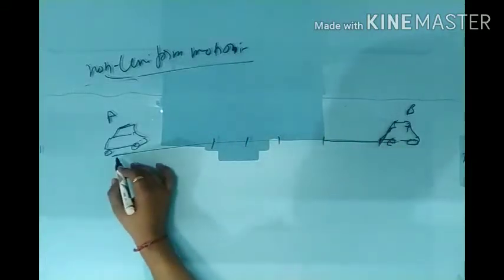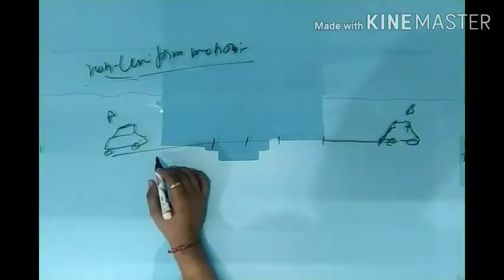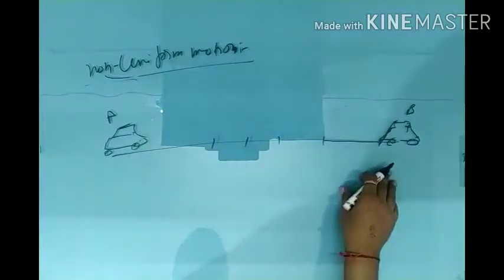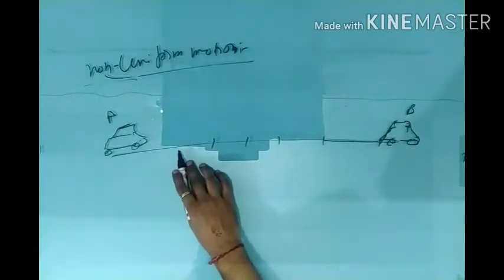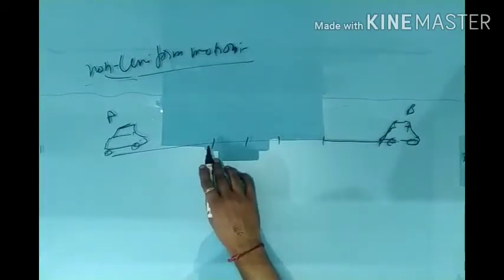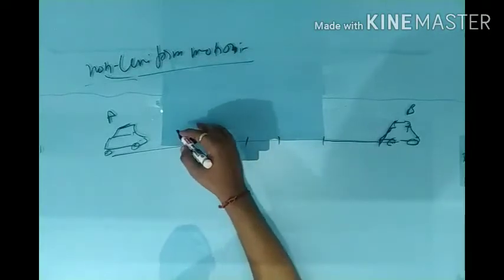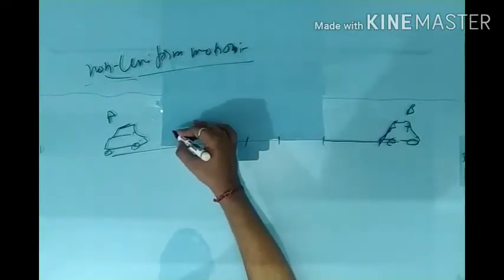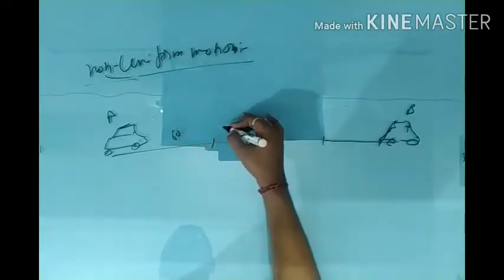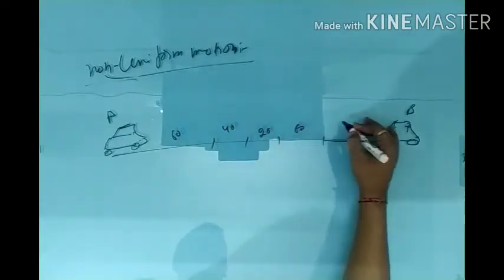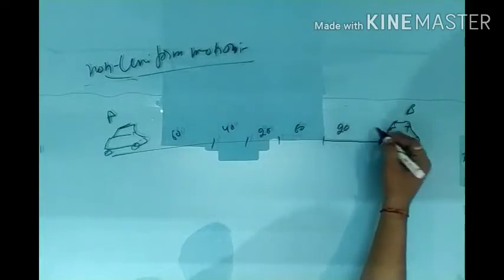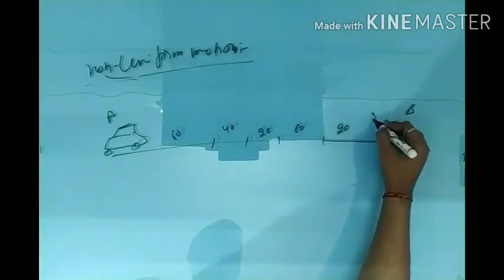Now this driver has to travel from point A to B. He is changing his speed. Sometimes he is applying acceleration, sometimes he is applying the brake. Then the number of times his speed decreases or increases. Firstly, suppose it is 60 km per hour, then 40 km per hour, then 20, again 60, again 20, and maybe at last it is 80.